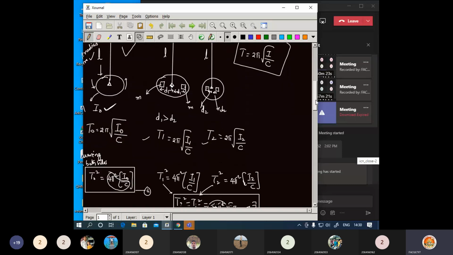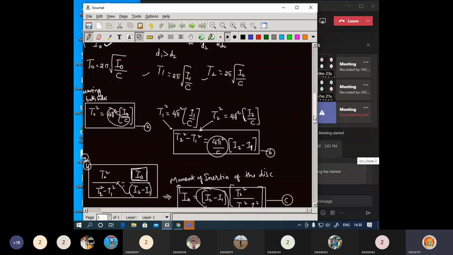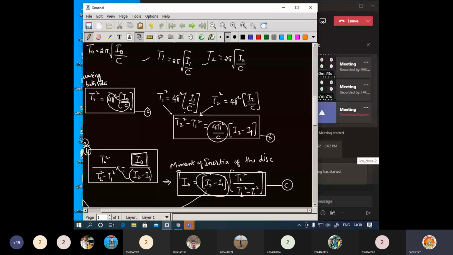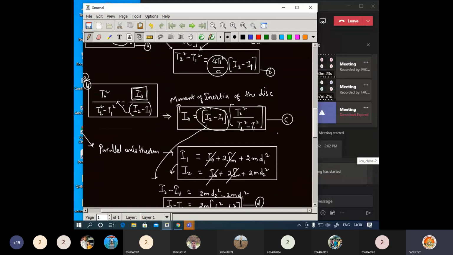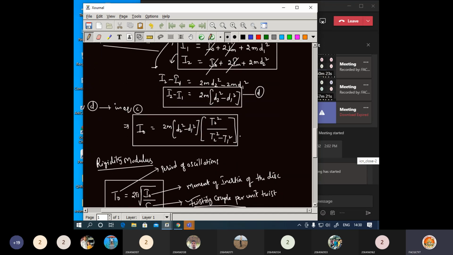Depending on that, we get three periods of oscillations, and from them we got the expression for the moment of inertia. Thereafter we applied the parallel axis theorem and found the resultant expression for the moment of inertia.